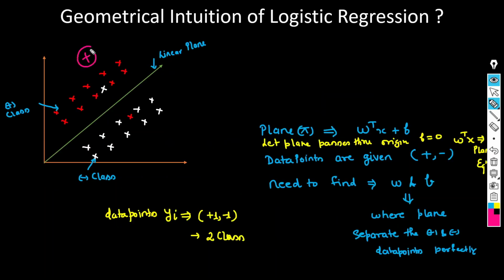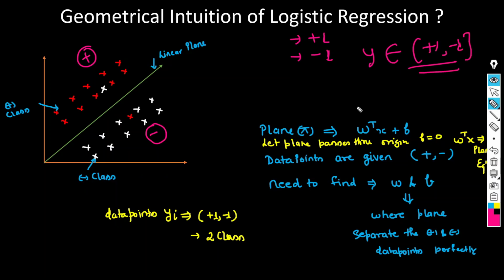This is your positive class and this is your negative class, and both the classes are linearly separable. We can denote the positive class with +1 and the negative class with -1. It means y belongs to +1 and -1. These are two classes, and the equation of the plane would be like this.